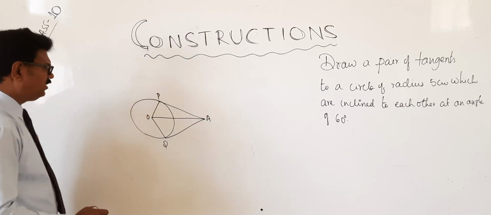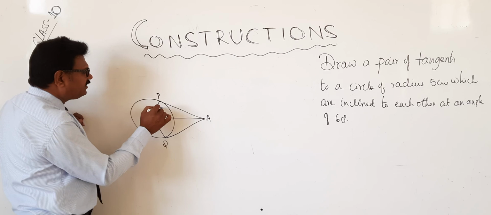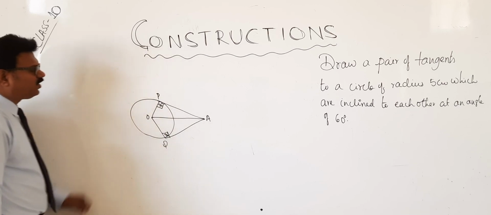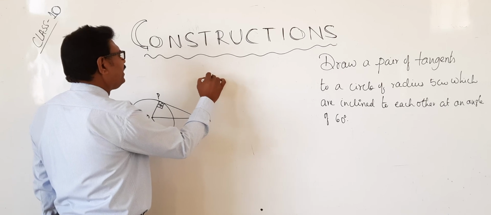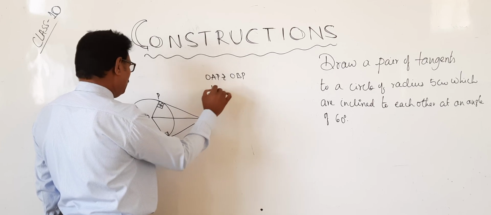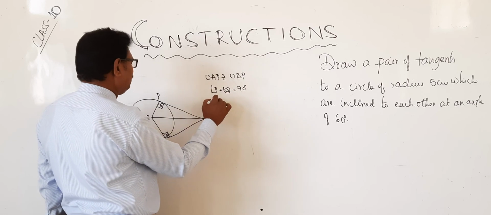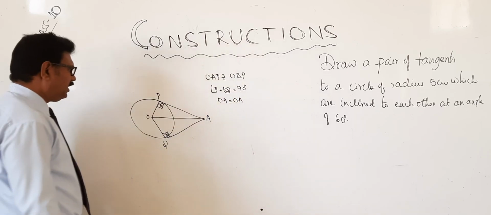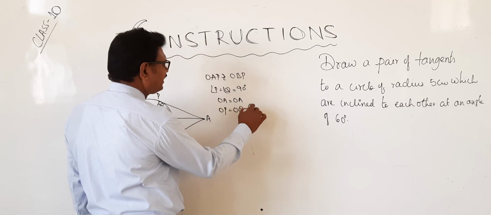If you do like this, see what happened. We know that the tangent to a circle at any radius will always be 90 degrees. This is also 90 degrees. Consider triangles OAP and OBP: angle P equal to angle Q equal to 90 degrees, and OA equal to OA because it is a common side, and OP equal to OQ because they are radii of the given circle.